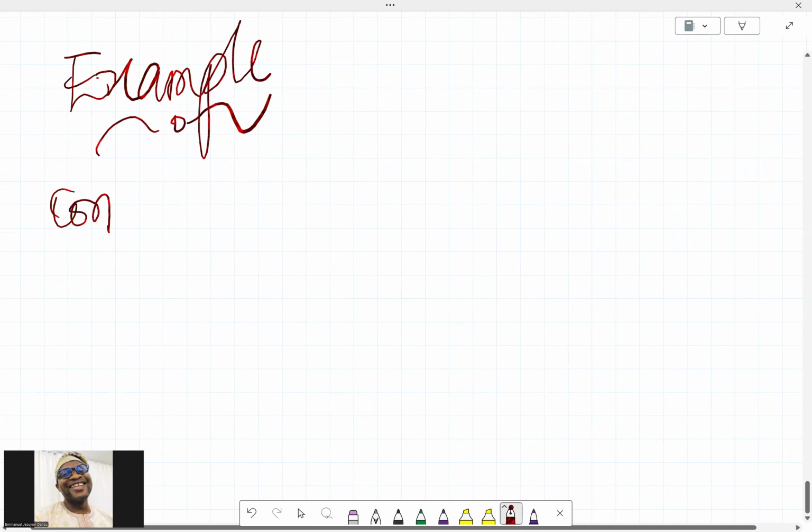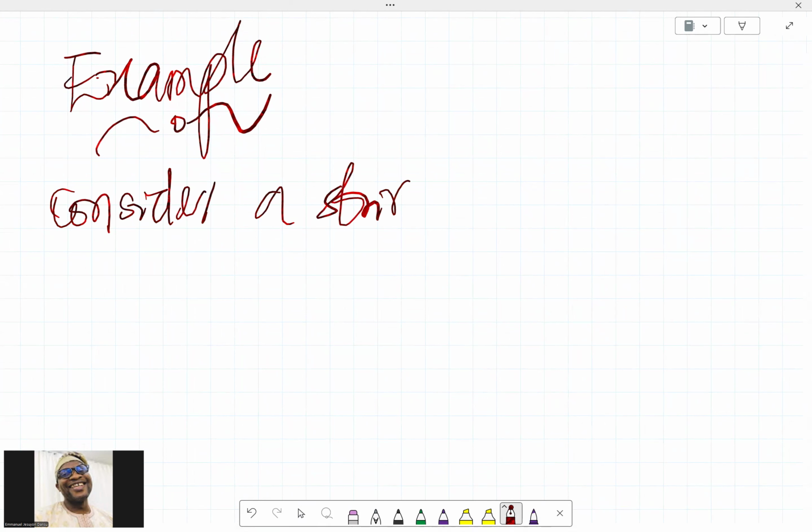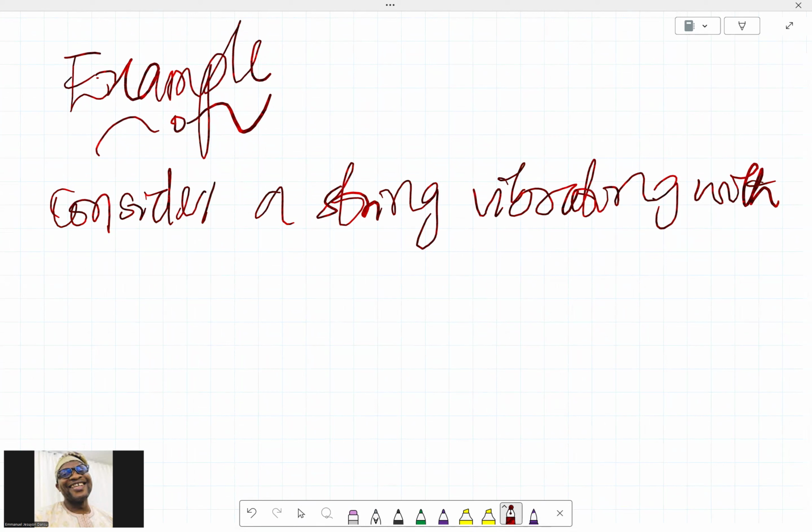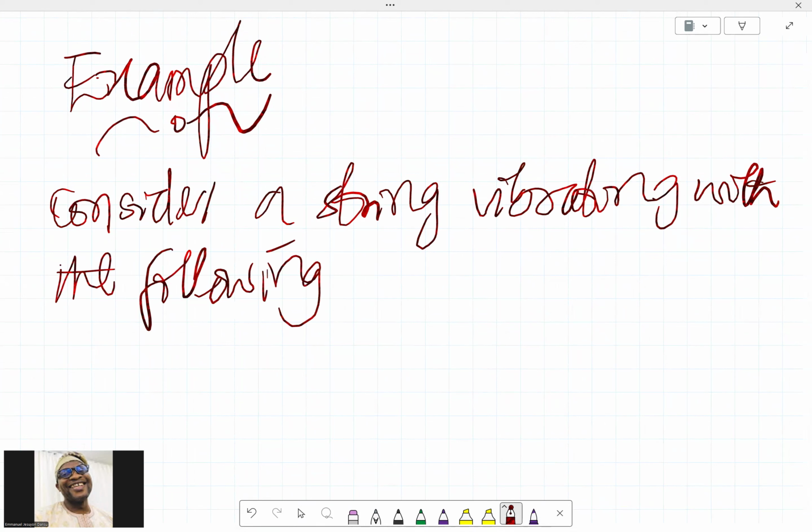So consider a string vibrating with the following initial conditions.